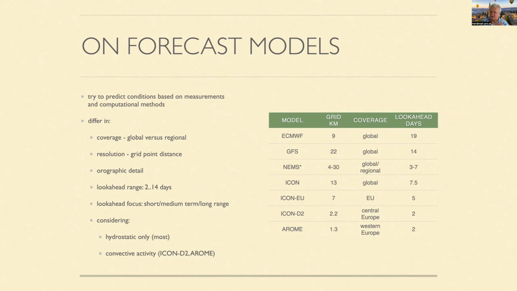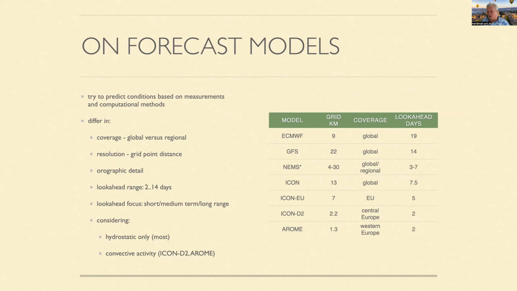If not, fall back to the next best thing. For instance, in Todi last week, that is outside the coverage of Icon D2, but it's within coverage of IconEU. And the trajectories which I posted there were all based on the IconEU model.